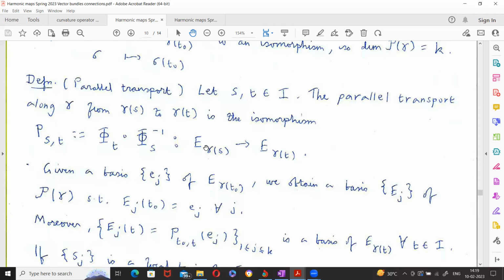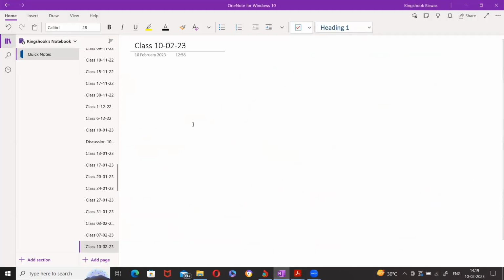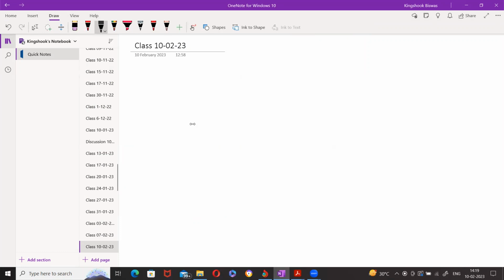So this will be an isomorphism from the fiber at gamma S to the fiber at gamma T. Okay, so in the picture, you have this is, say, gamma S. This is gamma T. And all you're doing is the following.